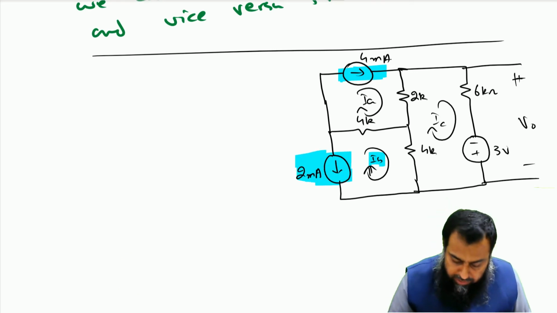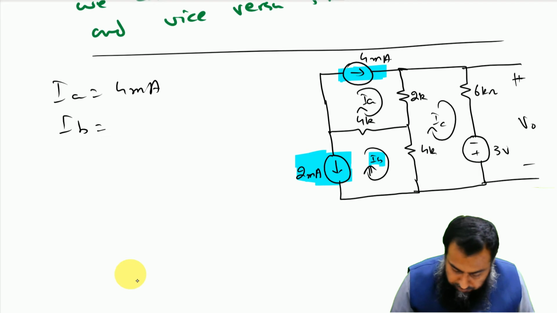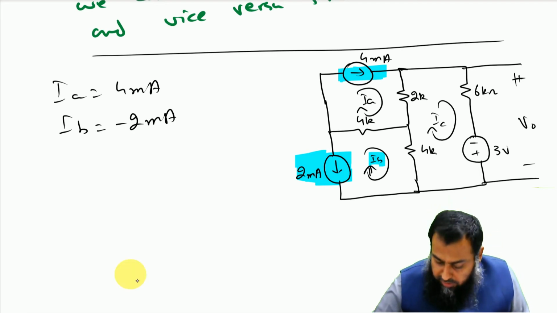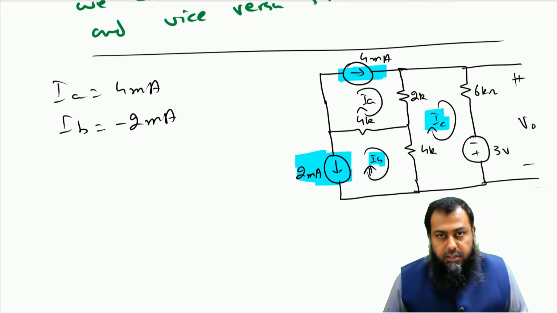So with this in mind, we know that IA is equal to 4 milliampere and IB is equal to minus 2 milliampere. So what are we left with? We are left with only this particular mesh current IC here, which is now just a single equation.